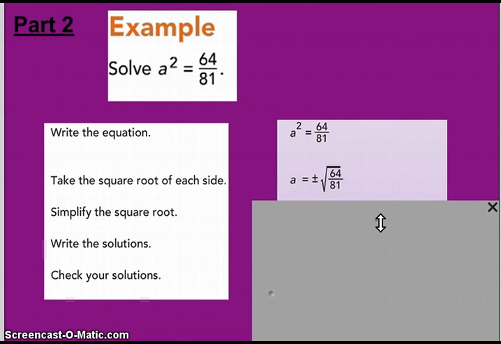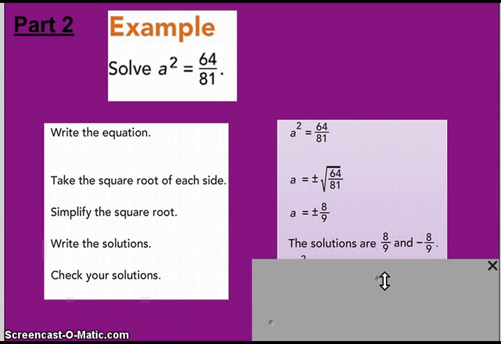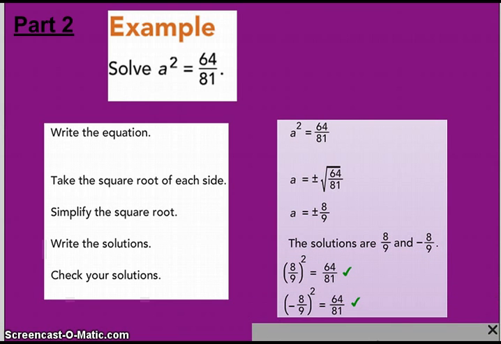Take the square root of both sides. Simplify. Square root of 64, 8. Square root of 81 is 9. Positive or negative. So there's our solutions. We check our answers and make sure that they work. And they do.